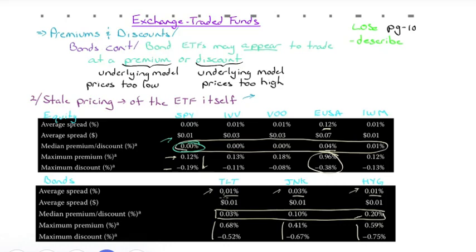Whereas with treasuries, you do have the average spread comparable with SPY. But again, you have these premiums or discounts that are much wider from the maximum to the minimum, and again, the median as well. So what may appear to be a premium or discount may simply just be a function of the structure of when these things are priced.